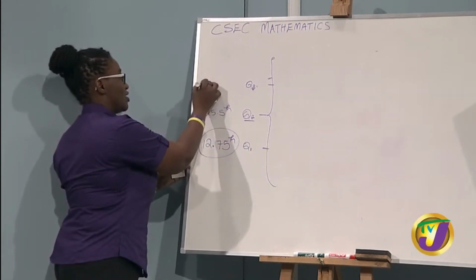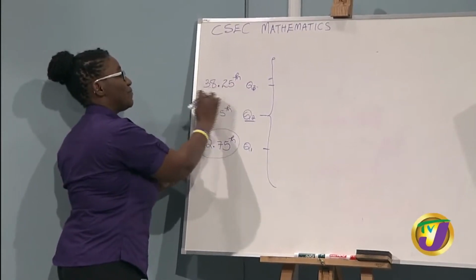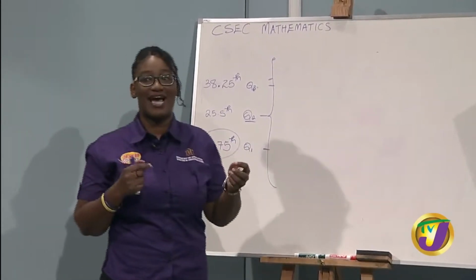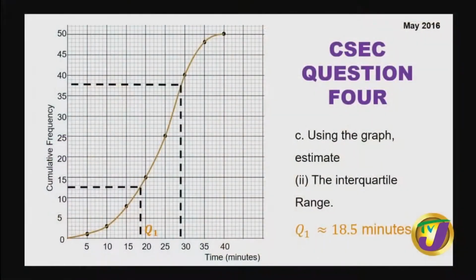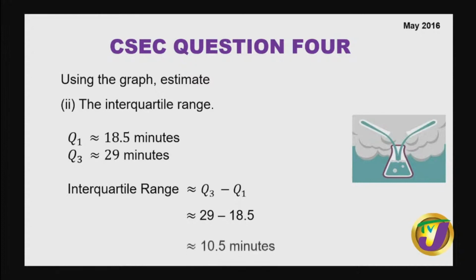And this will actually take us to 38.25, and that particular position is between the 38th and the 39th observation, which will give us a value of 29 minutes. Now to find the interquartile range, you will simply subtract Q1 from Q3, which would give us an approximation of 10.5 minutes. Beautiful.